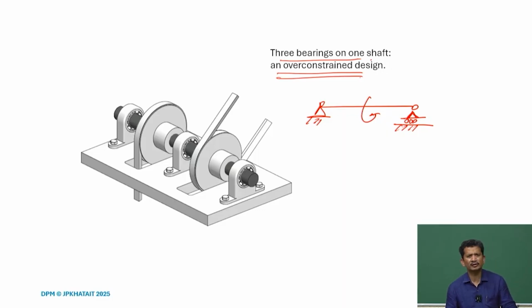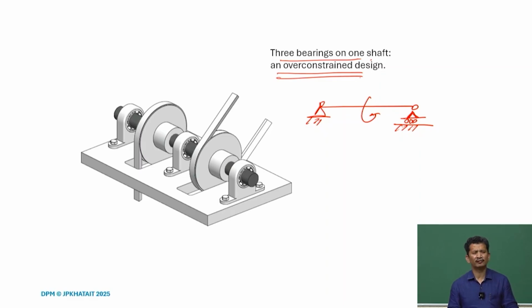But what happens if it's a long shaft and we try to put too many bearings, for instance 3 bearings? What are the issues? If we are aware of manufacturing issues, what we realize is that it is very difficult to get a straight shaft, that is one thing.